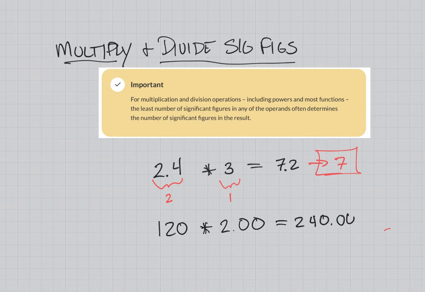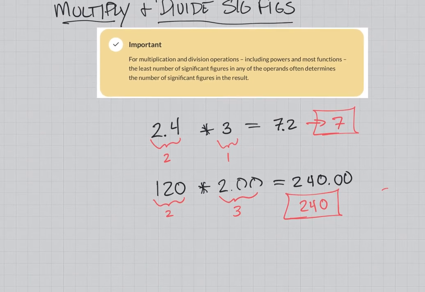Now, we could write it out like this because this has 2 decimal places, but let's look at our number of sig figs, okay? This value here is going to have 3 sig figs. The 120 is simply only going to have 2, and so I would need to then only write this value as 240. That is going to only have 2 sig figs.